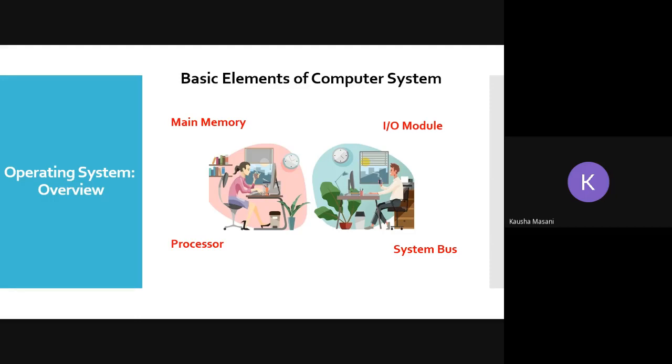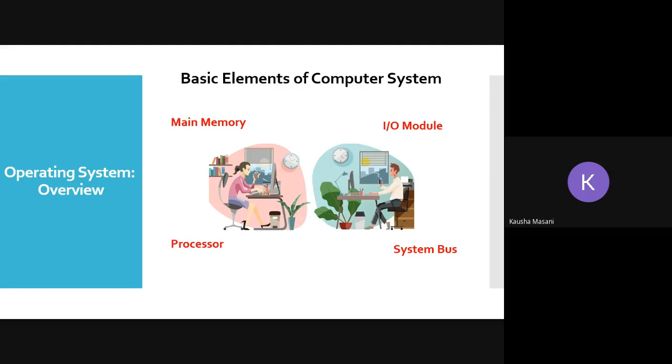But regarding OS, you will get this particular topic in your future units too. Right now you remember the system bus as responsible for communication between main memory and your IO modules. Okay, I'll revise this very quickly.